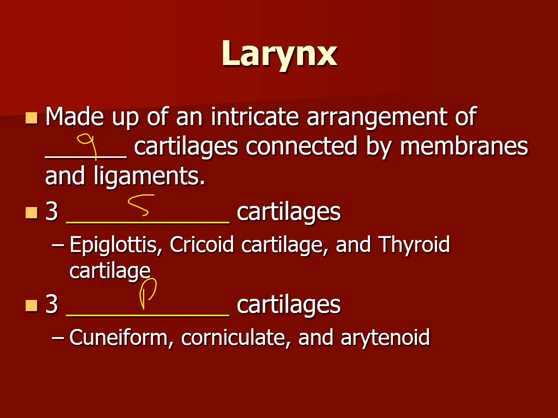The 3 paired cartilages are the cuneiform, the corniculate, and the arytenoids. So you have 3 singles plus 3 pairs, right? Remember, these are paired, so that's what makes this total 9, because there's 6 of these plus 3 of these equals 9 cartilages.